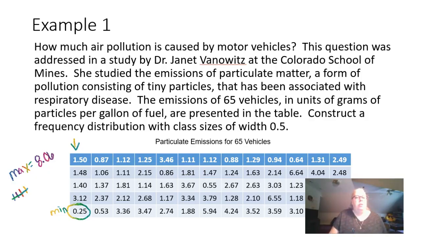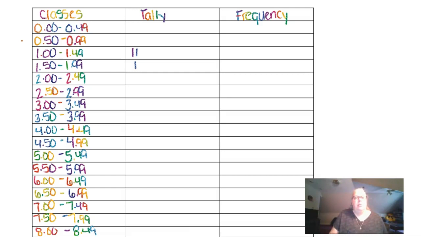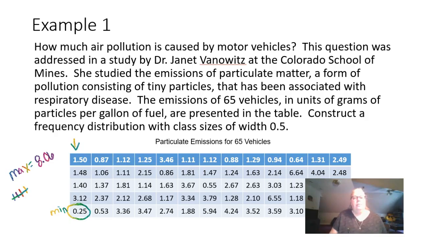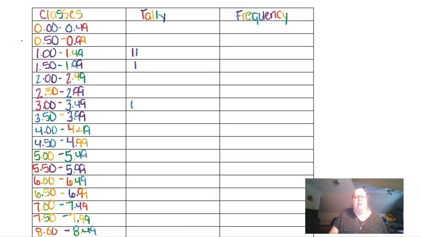And then 3.12, that's going to be right here in between 3 and 3.49. And then 0.25, that's going to be up here in our first category, which is 0 to 0.49. Now I'm just going to go back and do each one of the columns and put them into this tally column and figure out where all of my data points go.